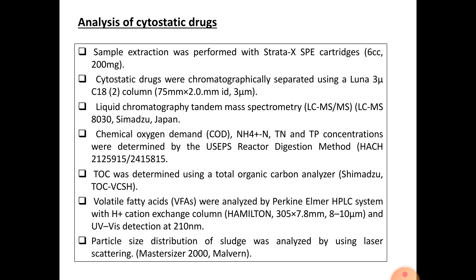and then the drugs were analyzed by the mass spectrometry system, while the chemical oxygen demand and total nitrogen and total phosphorus concentration were determined by the US EPA reactor digestion method, while the total organic carbon was determined using a total organic carbon analyzer, while the volatile fatty acids were analyzed by Perkin-Elmer HPLC system, and the particle size distribution of the sludge was analyzed using laser scattering.